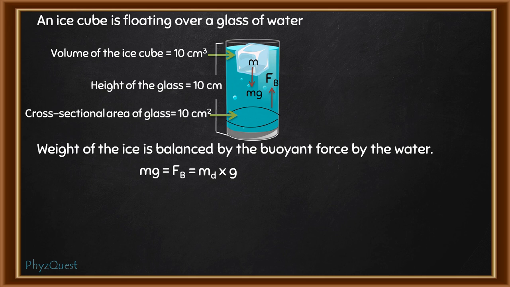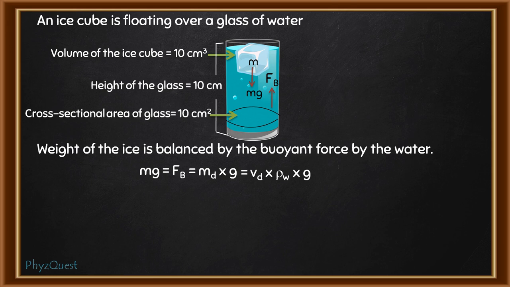Now we know that mass is equal to volume into density. So we can write the mass of the displaced water as the volume of the displaced water multiplied by the density of water, that is Vd times rho W times g.